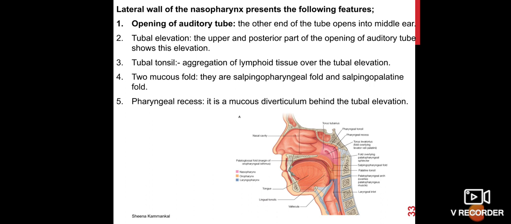And the posterior one which is extending from the tubal elevation till the pharyngeal wall is called salpingo-pharyngeal fold. Then a collection of lymphatic follicles which is present above the tubal elevation, that's called tubal tonsil. Then another mucosal diverticulum is present behind the tubal elevation, which is called the pharyngeal recess.